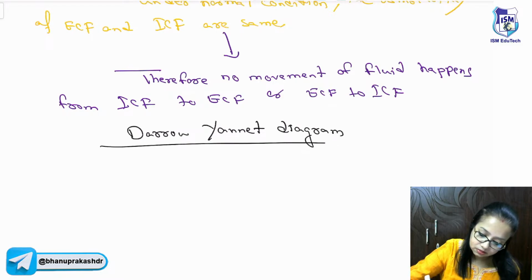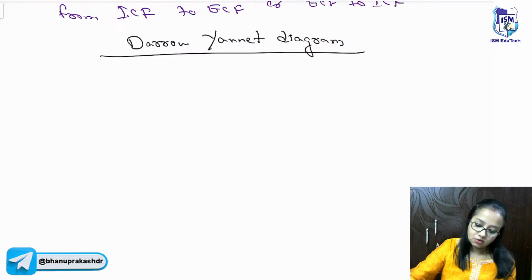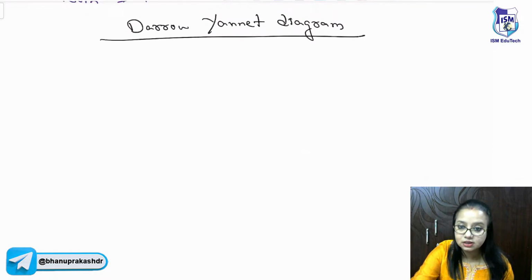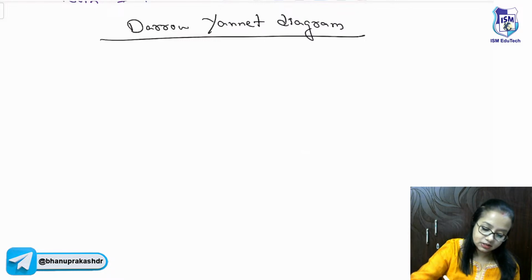Okay. So the Darrow Yannet diagram is the same thing. We will draw the cell in a simplified way and we will take different cases.